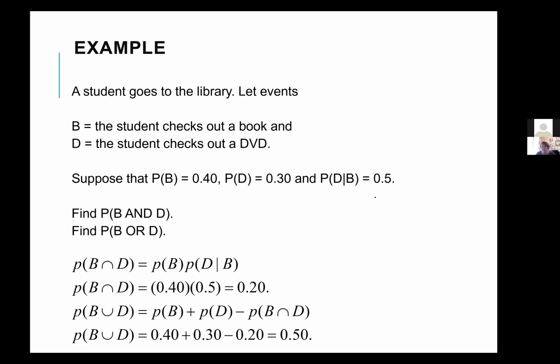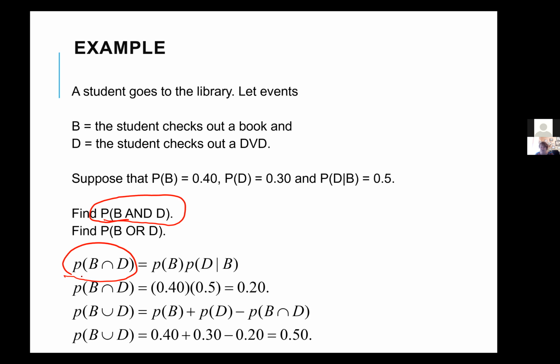So let's find the probability that he checks out a book and a DVD. Let's find the probability that he checks out one or the other, a book or a DVD. So according to Bayes' theorem, the probability of checking out a book and a DVD can be found by multiplying the probability of checking out a book times the probability that he checks out a DVD, given he's checked out a book.